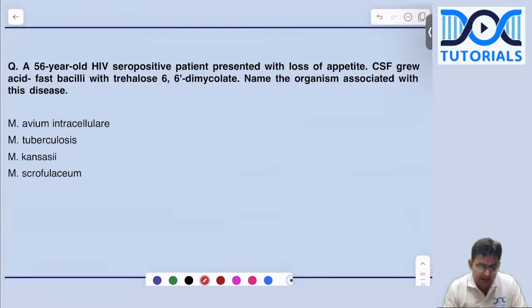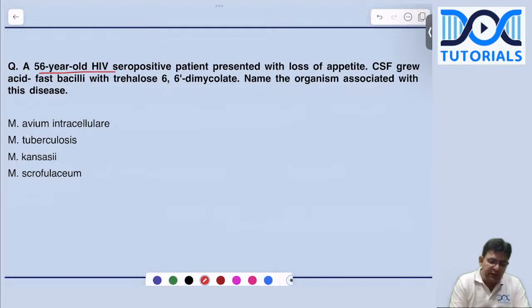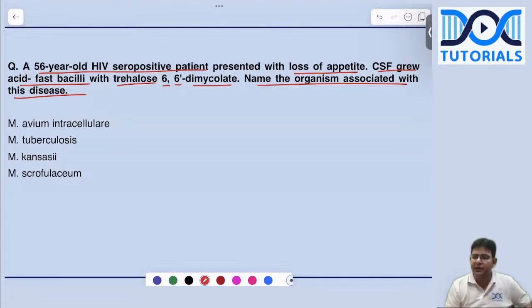Now coming to another easy one. Let's see how much you answer. A 56-year-old HIV seropositive patient presents with loss of appetite. The CSF grew acid-fast bacilli with trehalose 6,6 dimycolate. Name the organism associated with this disease. Yes, please, guys, tell me the answer.